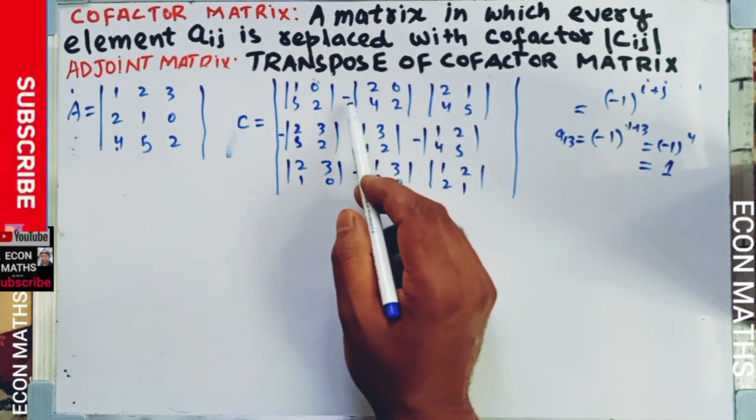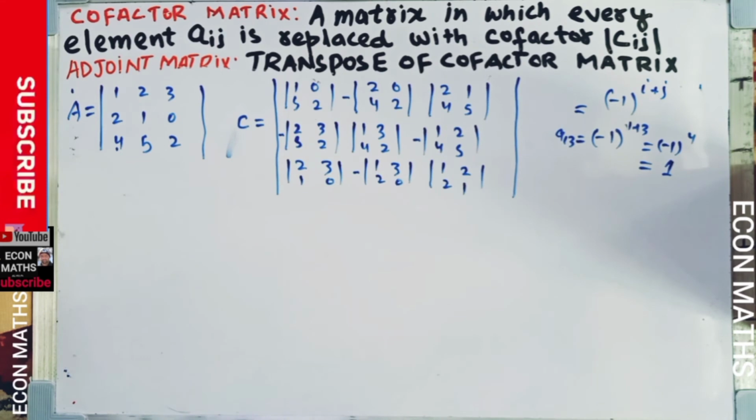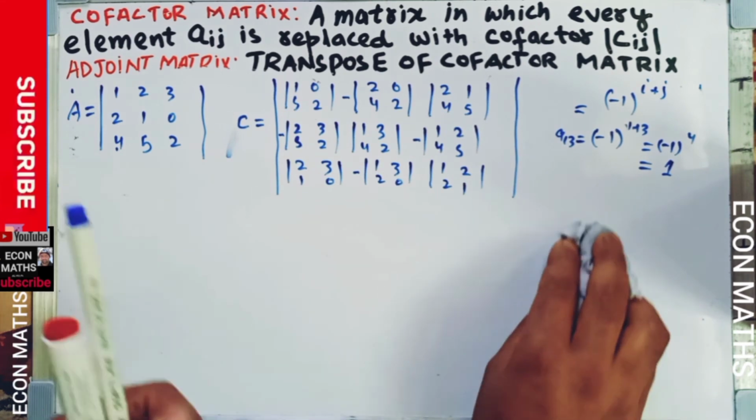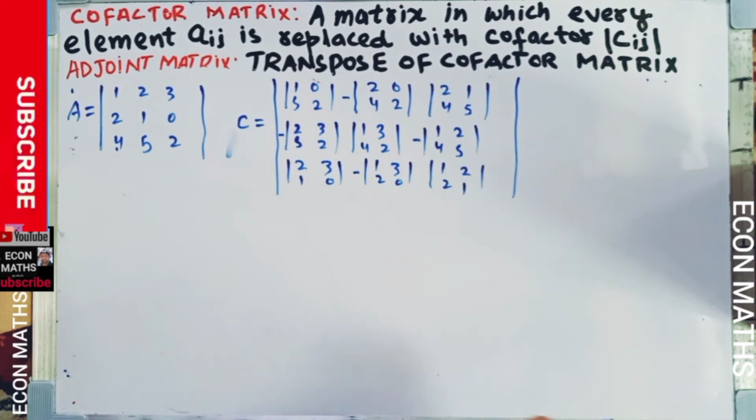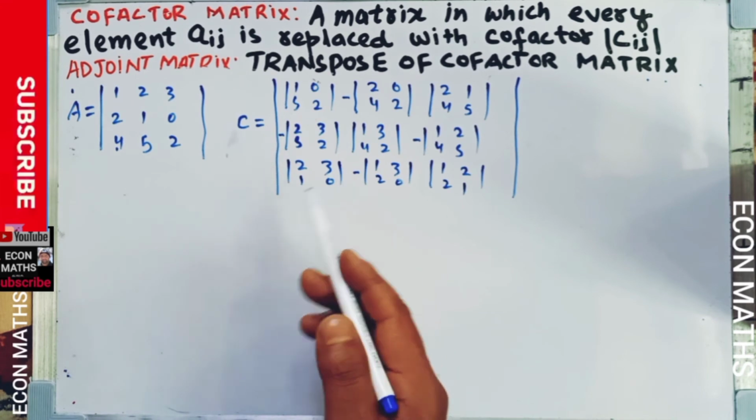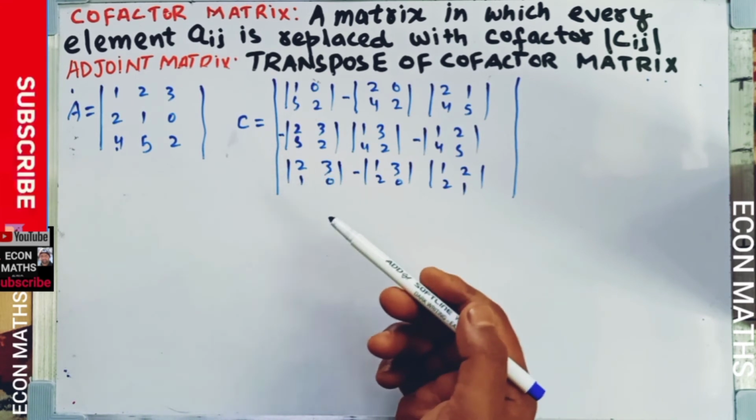Here it is plus, here it is minus, because of the law of the cofactors. I have shown in the previous example how it is done.